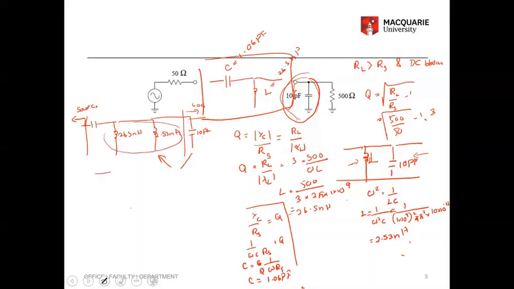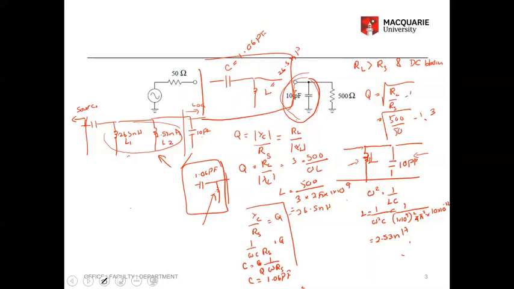So you have a capacitor which is 1.06 picofarad, and then combine these two with one inductor, and that forms your matching circuit. So when you combine these two, say this is L1, this is L2.